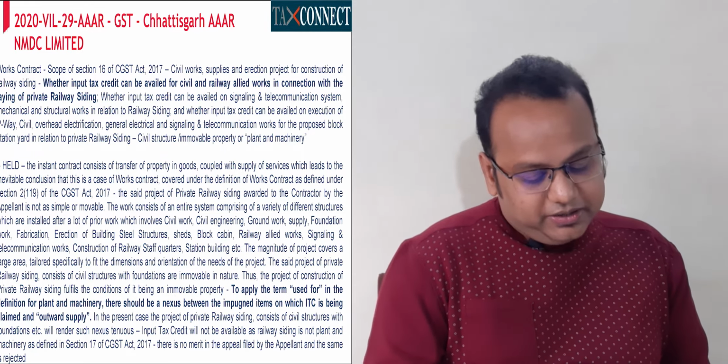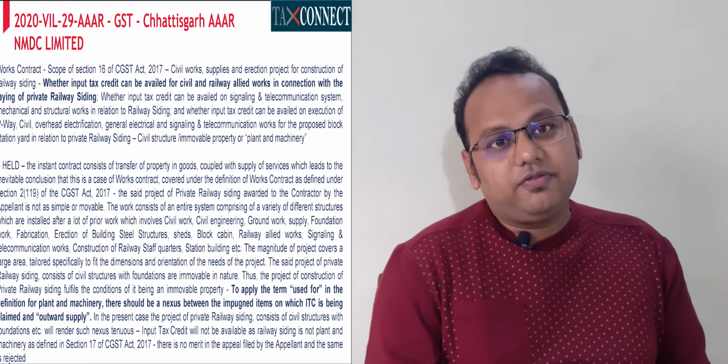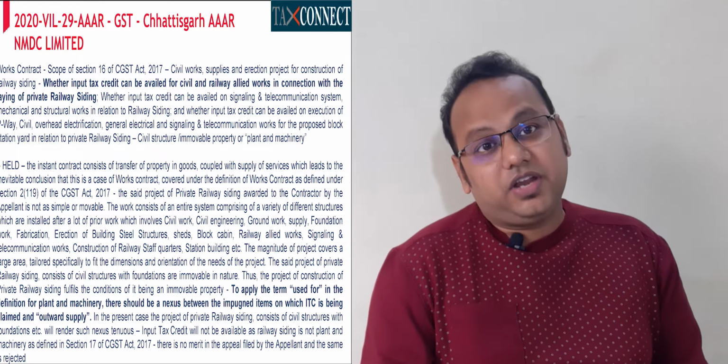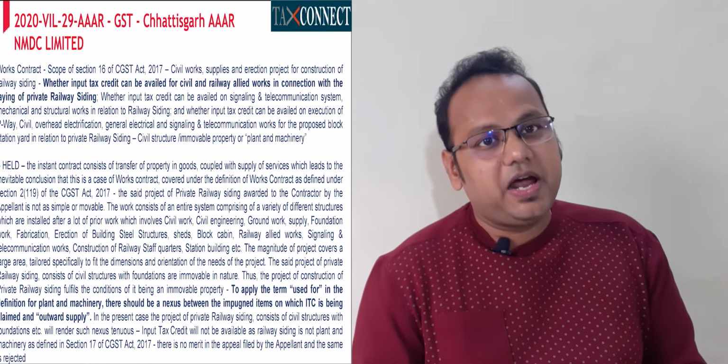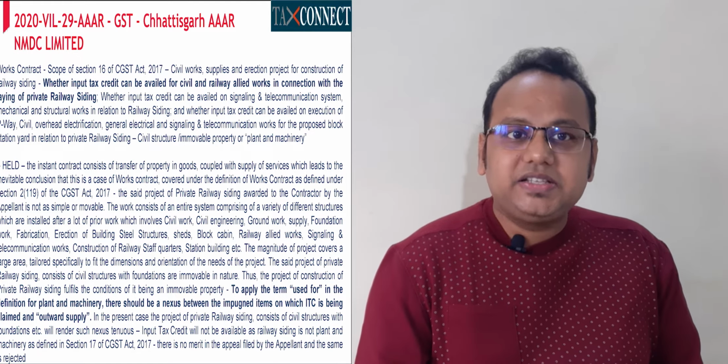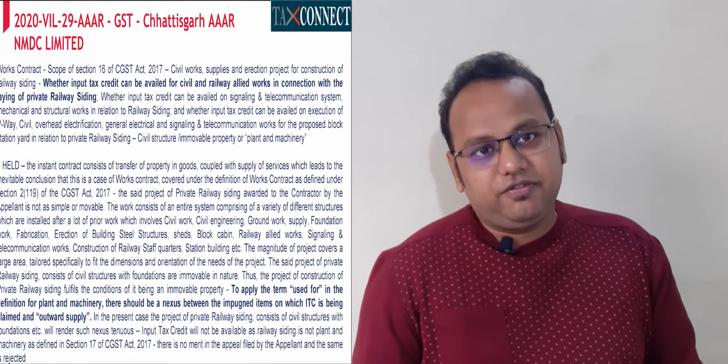So, in this case, it is our view that ITC in case of railway sidings should be available, as it is plant and machinery, where ITC of such plant and machinery is allowed under section 17(5).